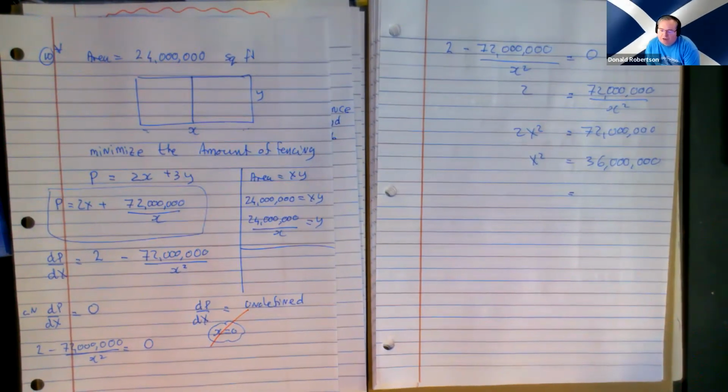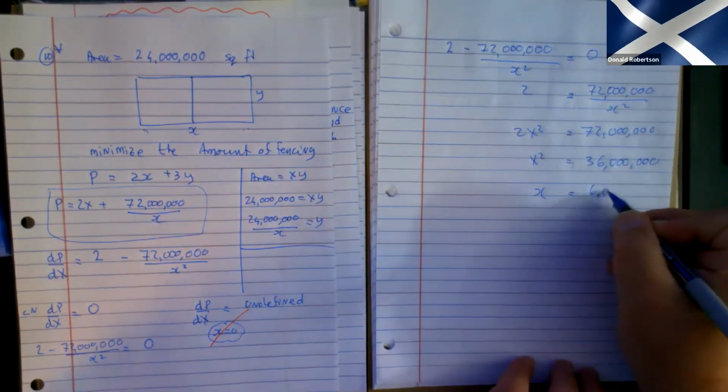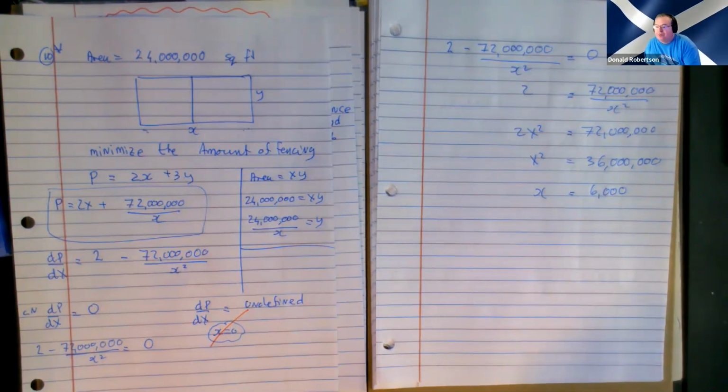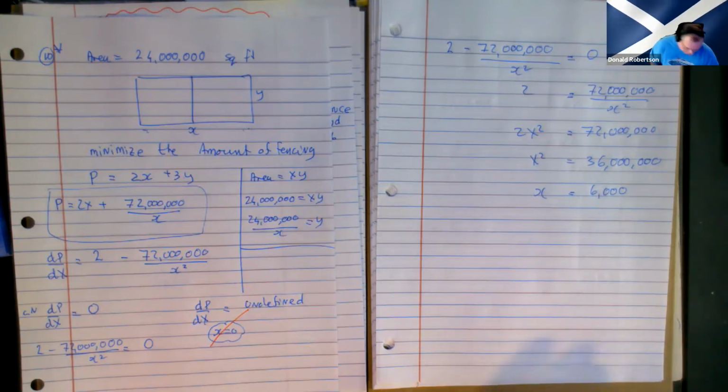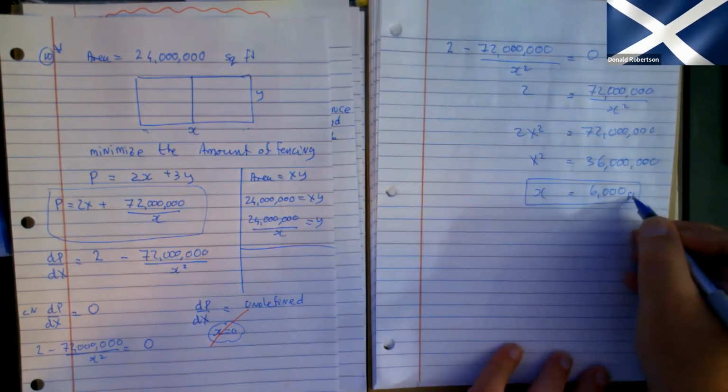And where next? Square root. Square root both sides. Right. In this case, only the positive square root makes sense. When you're getting negative 6,000 feet, it doesn't really make sense in the context of this question. So I now know that X is 6,000 feet.